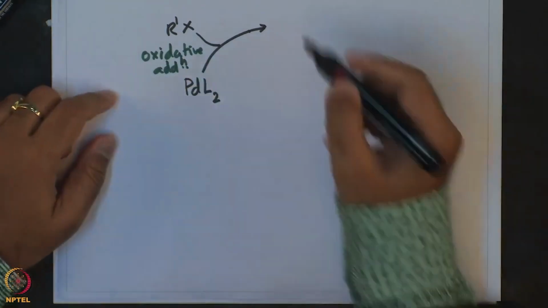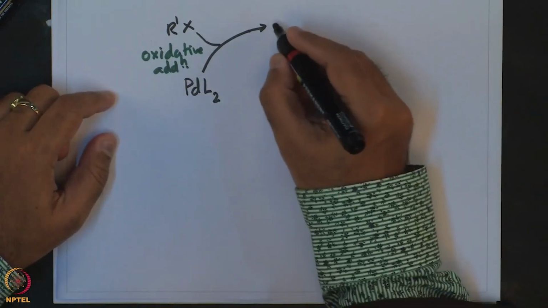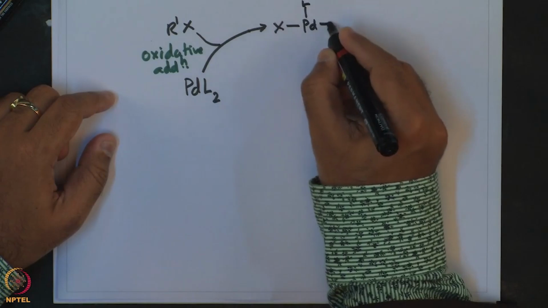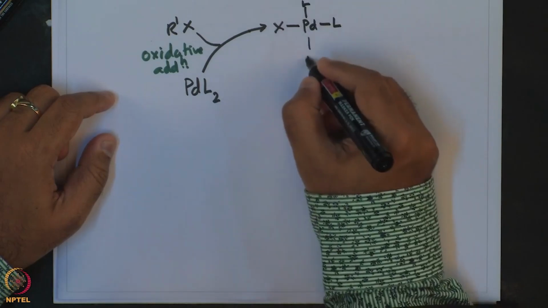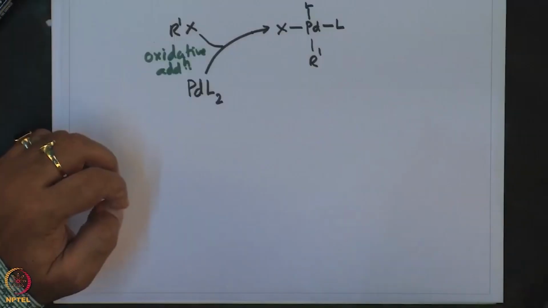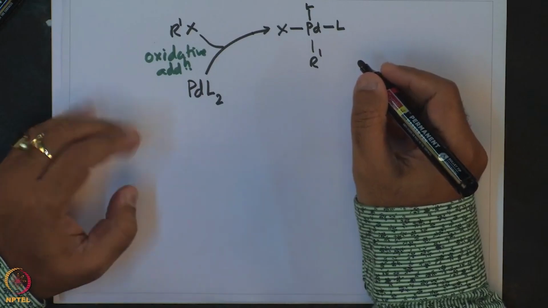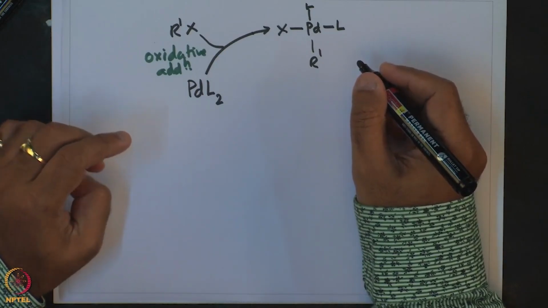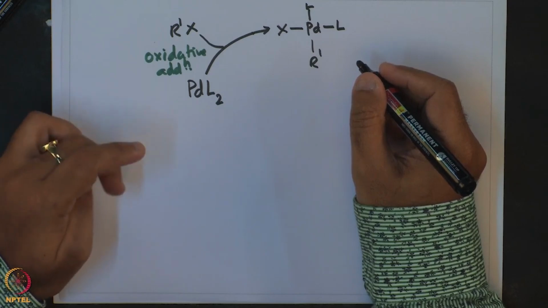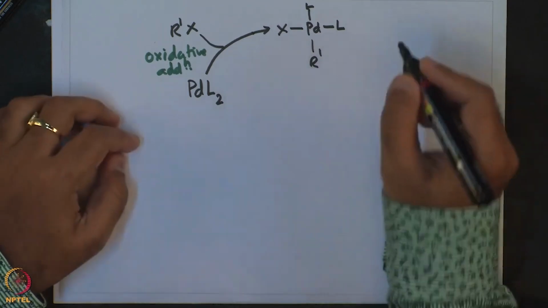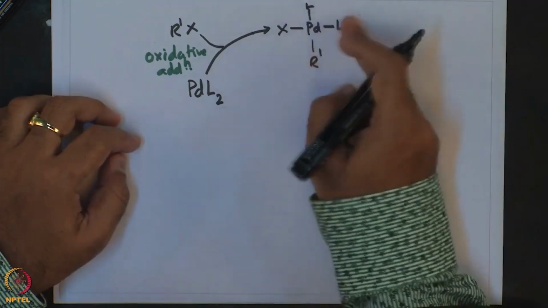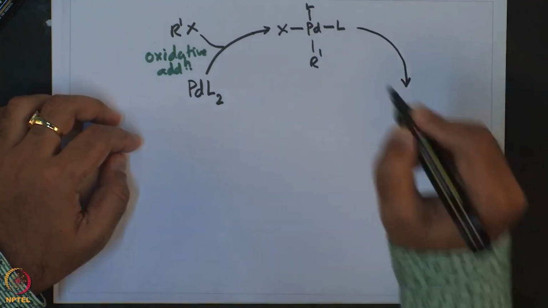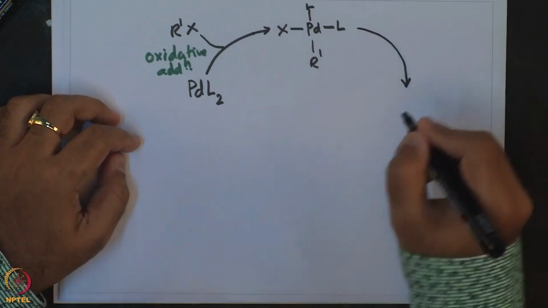To give this compound X-Pd-L-L-R1. The next step is the conversion of this cis compound to the trans compound, similar to what we had seen, that cis trans rearrangement.